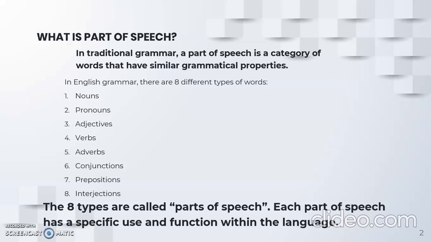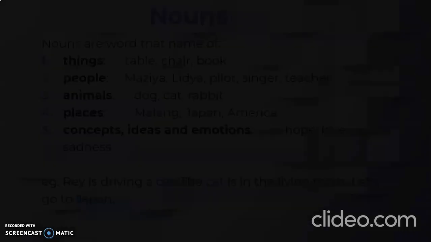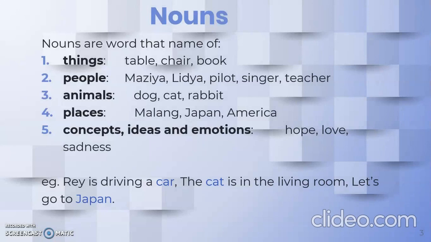The first type of word is noun. Nouns are words that name things. Everything you see when you open your eyes and look around you can be called a thing.